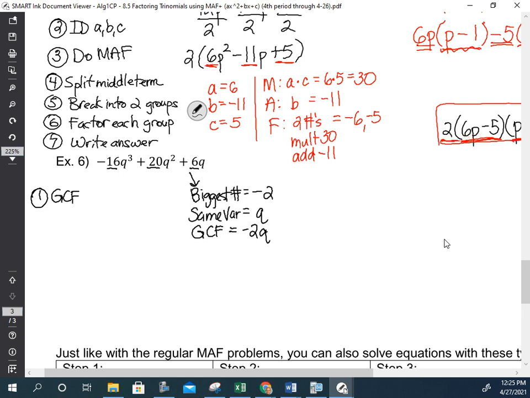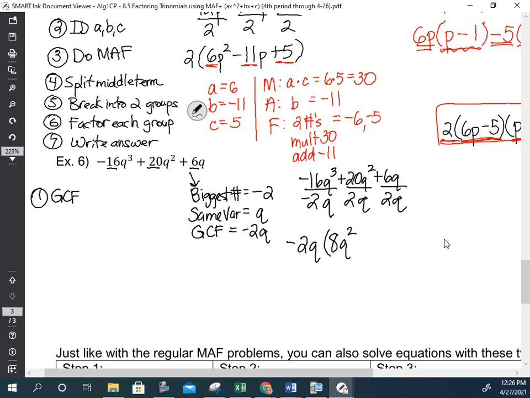So we're going to divide out negative 2Q. 16 divided by 2 is 8, Q squared. 20 divided by 2 is 10. 6 divided by 2 is 3.